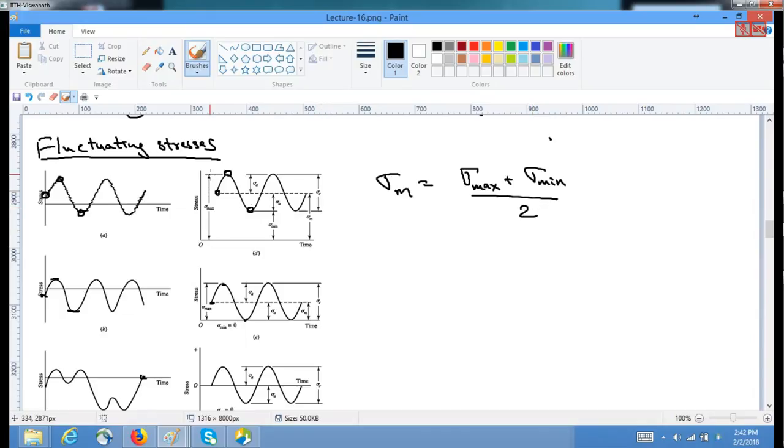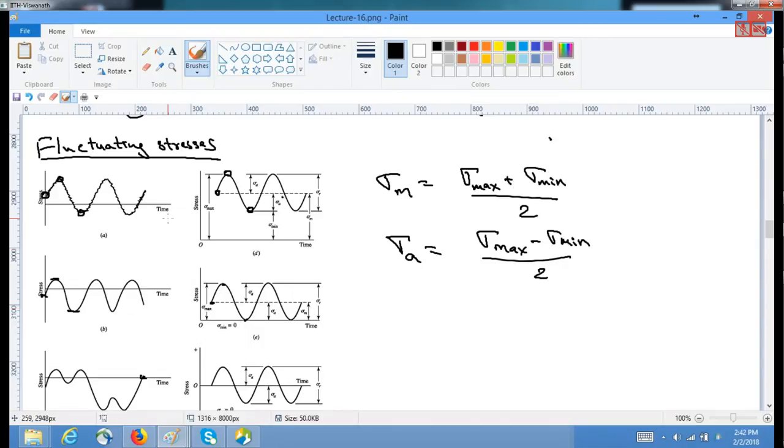So this is the maximum value, this is the minimum value, and the average of that is your mean. In everything, your dashed line is the thing. And sigma amplitude is given as sigma max minus sigma min divided by 2. So from here to there would be your sigma amplitude. Okay, so these are the different kinds of things.